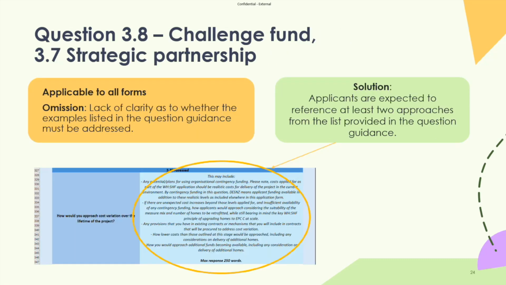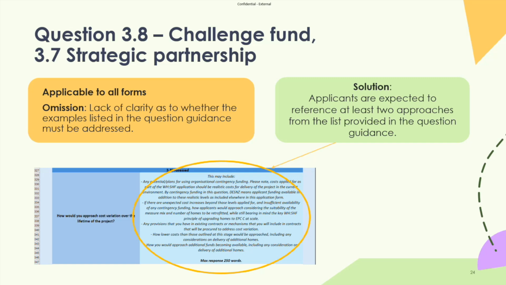Question 3.8 for Challenge Fund and Strategic Partnerships is 3.7. So there's a lack of clarity as to whether the examples listed in the question guidance must be addressed. So as you're writing your application, do you need to cover every point that's in the guidance?